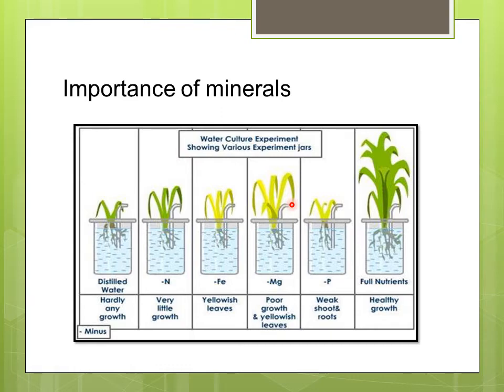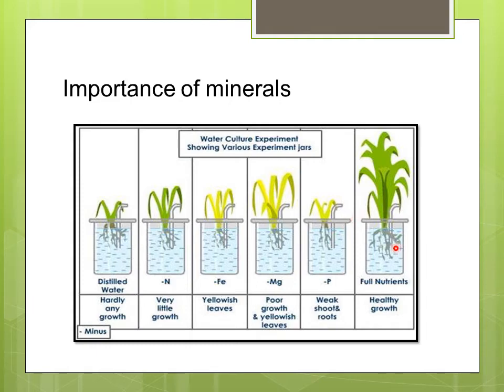Due to the absence of a single mineral in each container where the plants are being cultured, we can see several differences in the growth of the plant. Now in the absence of phosphorus also, the shoots are very weak and the roots are also very weak.